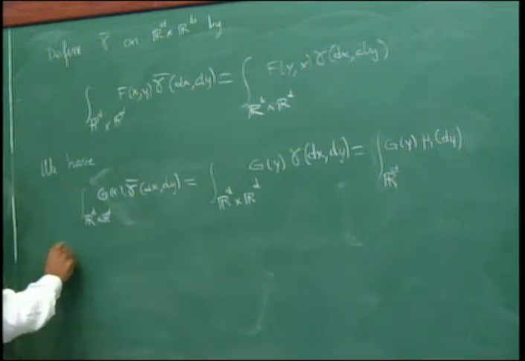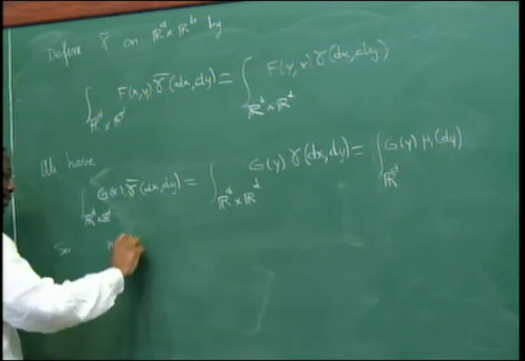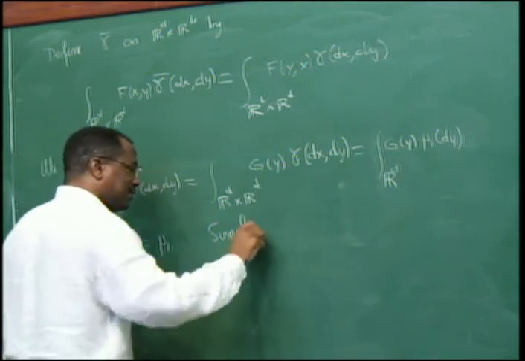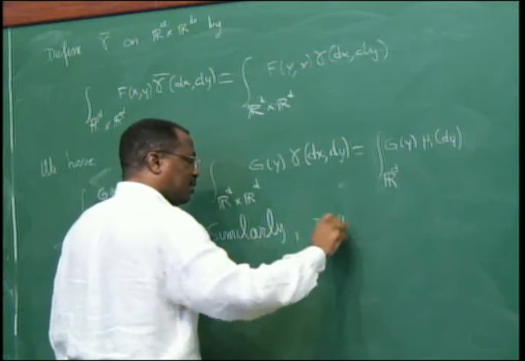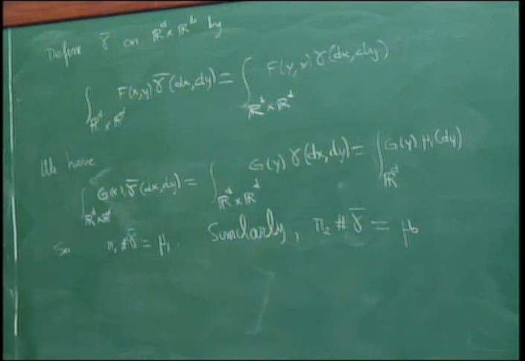So the first marginal of gamma bar is mu1. Similarly, the second marginal of gamma bar, you find that it is mu naught.